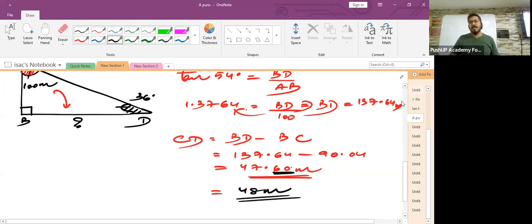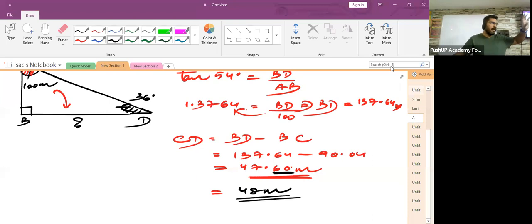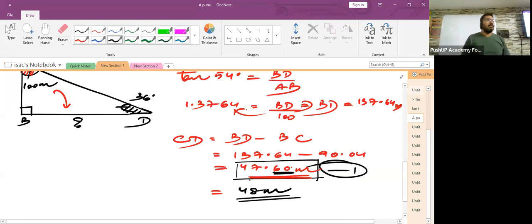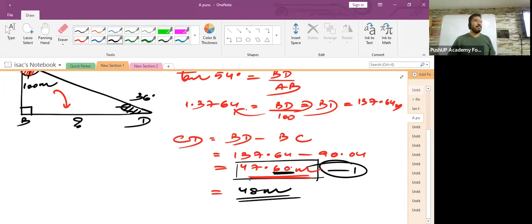So this should be the final answer. Children, if they have specified in the question to round it off to the nearest meter, you have to do it. Even if you leave your answer at 47.60 meters, you will get minus 1. Why? Because you didn't satisfy their question. Okay. So please remember that.